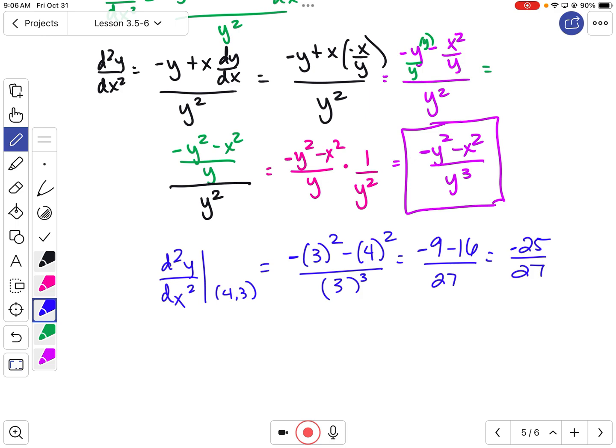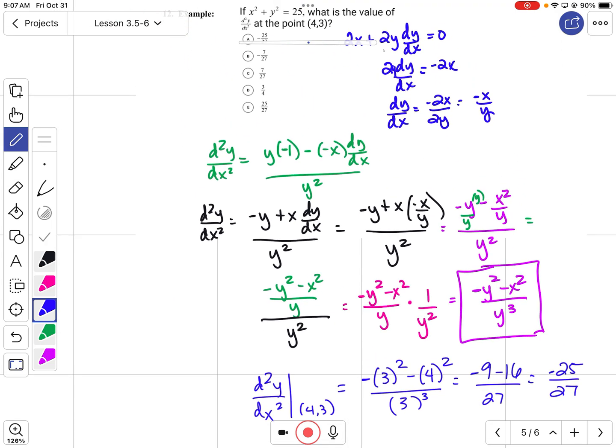That kind of covers everything we've done all in one lesson, which is nice, knowing all your formulas. So that was A.